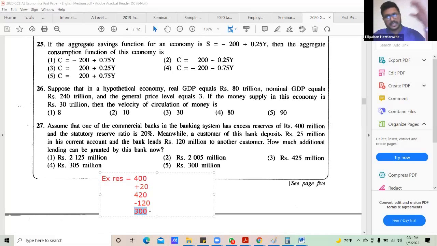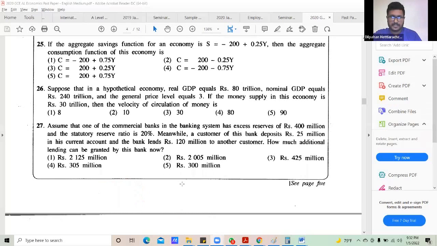They had 400 excess reserve, then they received another 25, but out of this 25, 20 is excess and 5 they have to hold as reserves. So the excess reserve becomes 420, and from this they are lending 120, so the answer is 420 minus 120, which is 300. Yes. So what's the correct answer? Answer number 5.